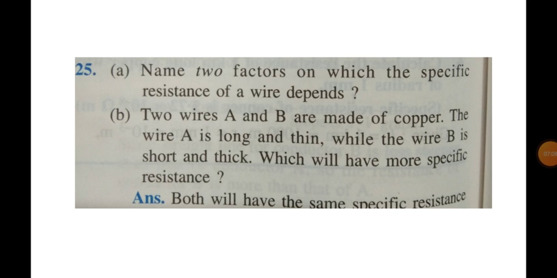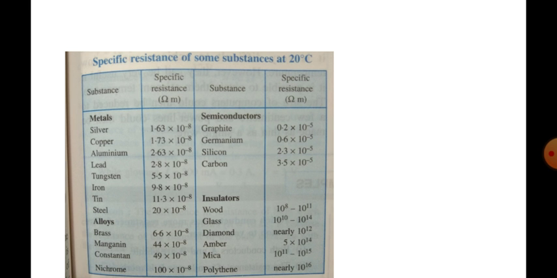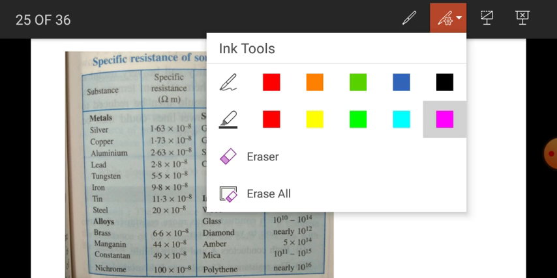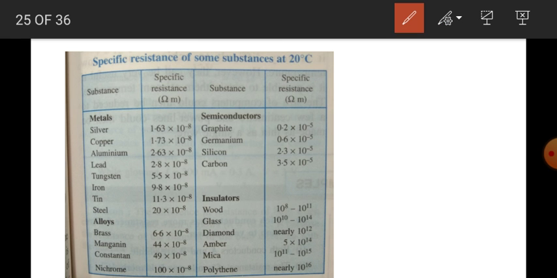Question number 25. Name 2 factors on which specific resistance of a wire depends. Well, it depends upon material and temperature. This table is quite blurry, although. Here, specific resistance of some substances at 20 degrees Celsius.